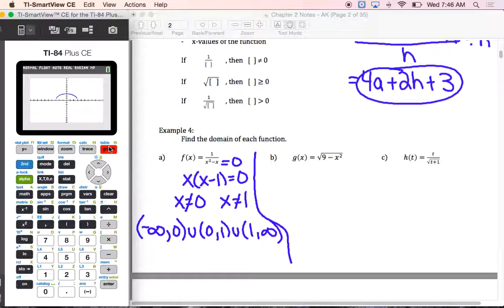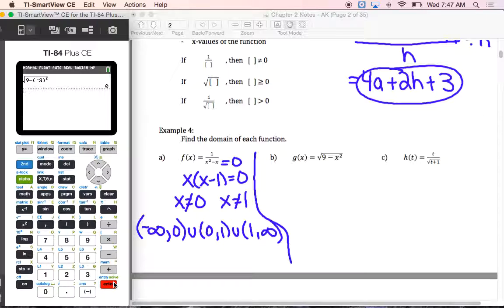Now you've got to figure out if -3 and 3 actually work with the problem. So you have to put -3 in for x and see if we actually get a number on our calculator. So when I say put it in, you're plugging it into your calculator. So if you need me to show you, again, hit clear, do second square root, 9 minus parentheses -3 squared, hit enter.